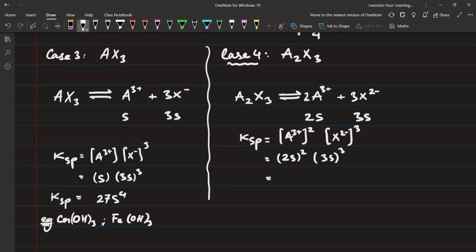So 2 to 4 into 27 into S to the power 5, which will be equal to I think 108 होता ना, yeah 108. 25 चौका is equal to 100 and 27 2 है, 2 चौका 8, so it will be equal to 108 S to the power 5.